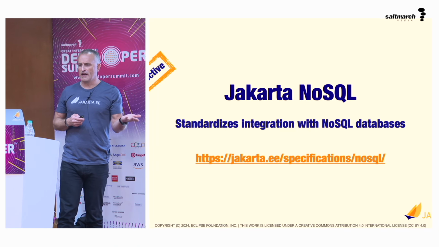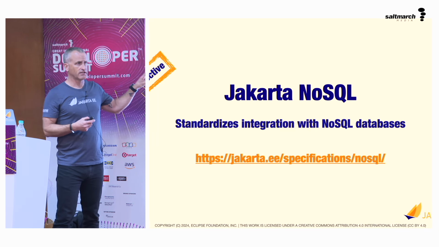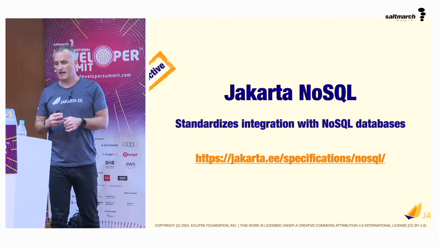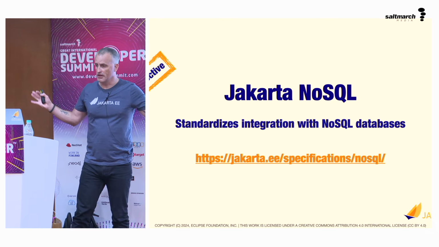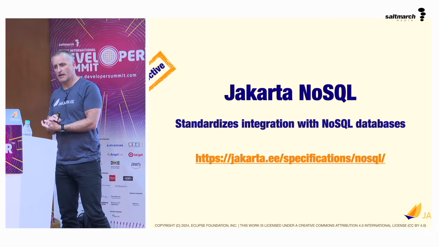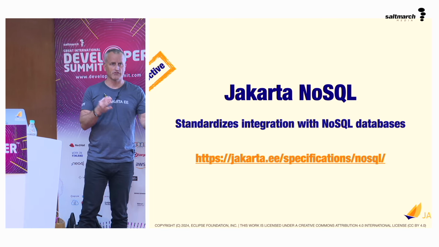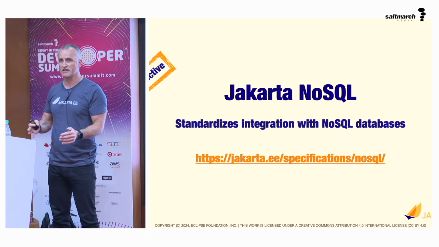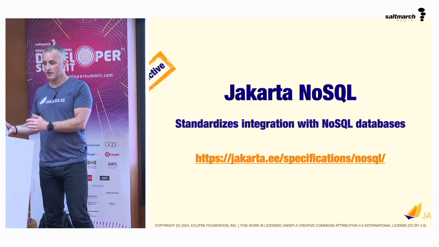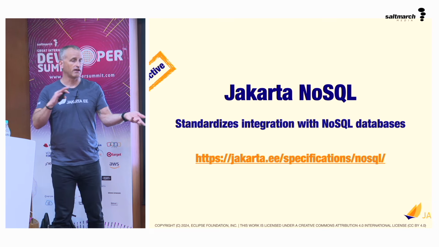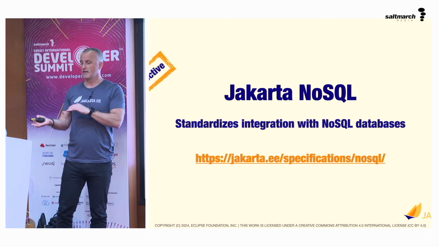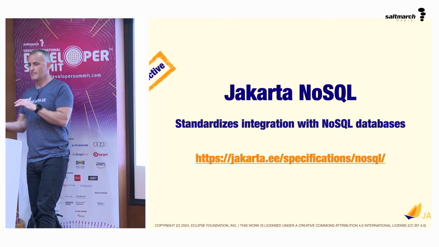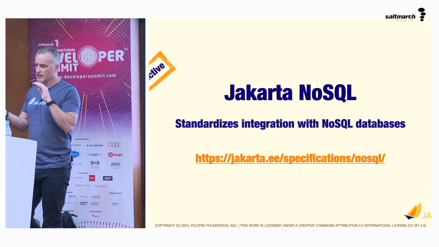We're also adding a prospective specification. It's not there in the platform, but that doesn't matter for Spring anyway. And that's Jakarta NoSQL. That is standardizing the integration with NoSQL databases in the same way as Jakarta Persistence standardizes integration with SQL. So you can use MongoDB or something, and it plays very well with Spring, with Jakarta Data.